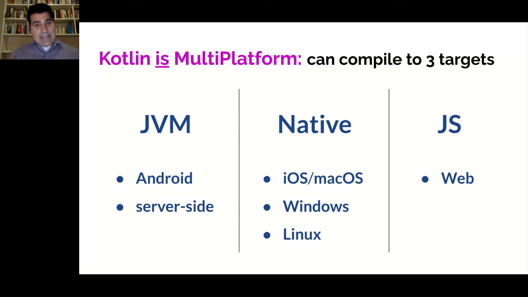But since then, Kotlin has evolved incredibly, and now it's not a JVM language anymore because it's growing as a multi-platform language. Any new feature they're adding in Kotlin compiles properly for JVM, native, and JS. So these are the three targets for Kotlin. And we are going to have a fourth target soon, which is going to be WebAssembly. Hopefully next year, we expect.